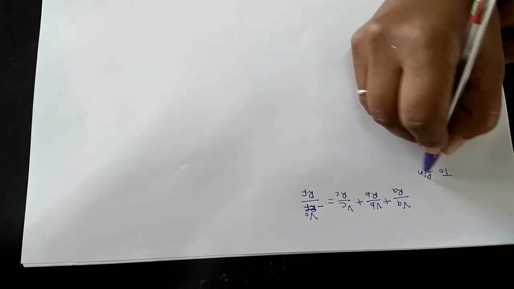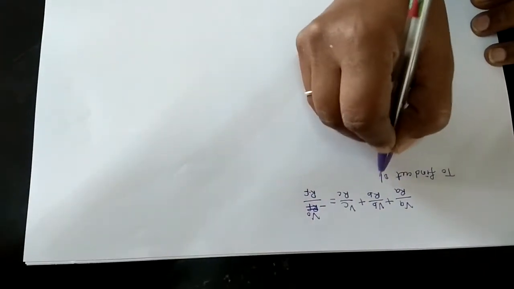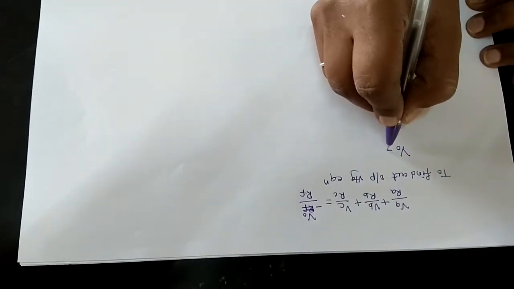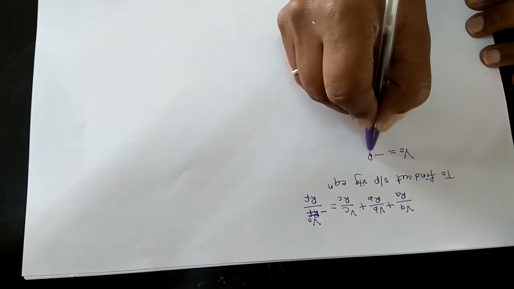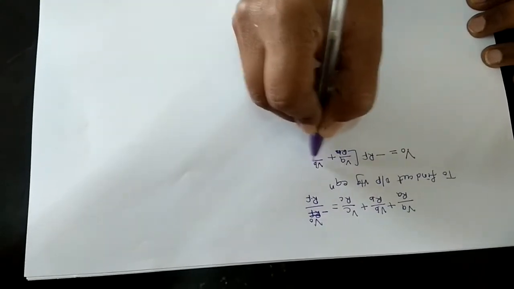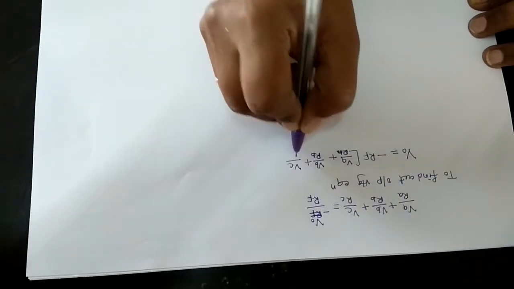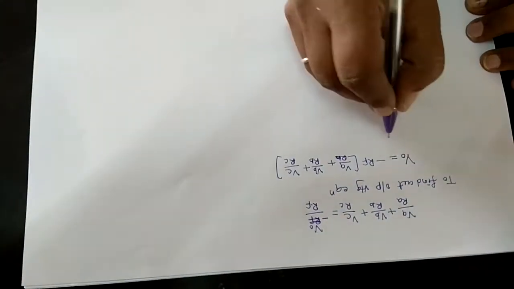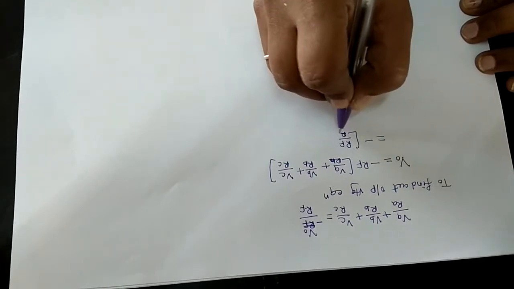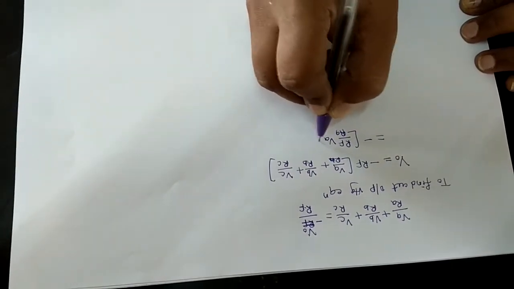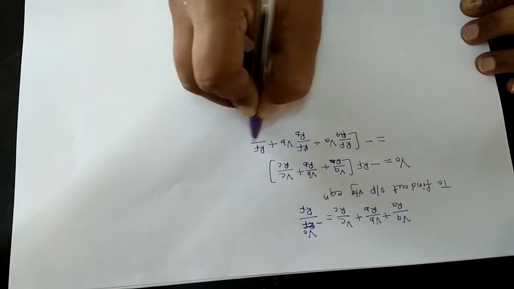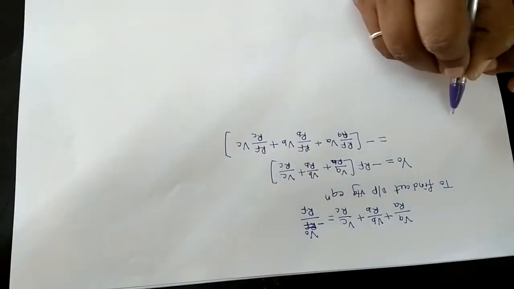So the output voltage V0 can be written as minus RF into the bracket VA by RA plus VB by RB plus VC by RC. Or, simplifying with the negative sign outside, it is RF by RA into VA plus RF by RB into VB plus RF by RC into VC.